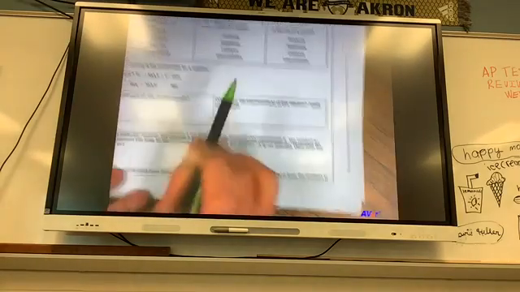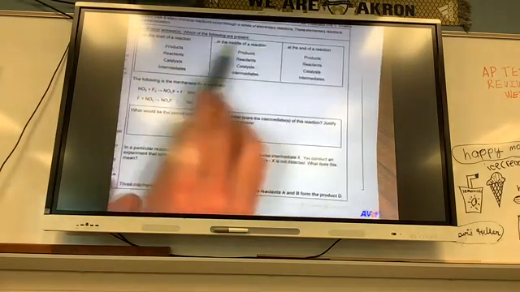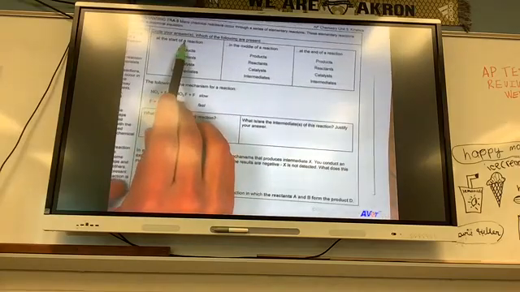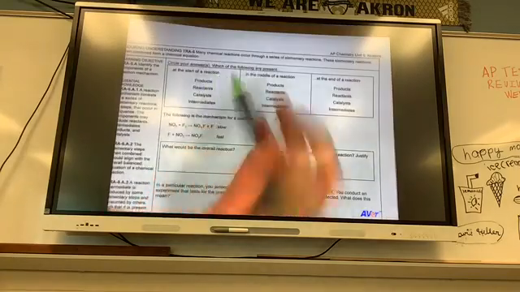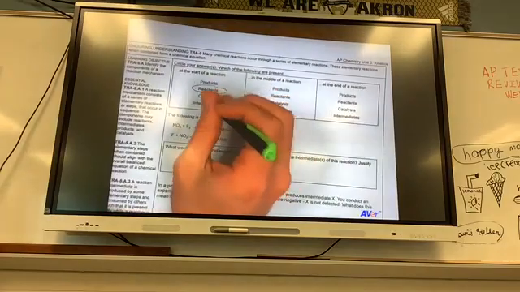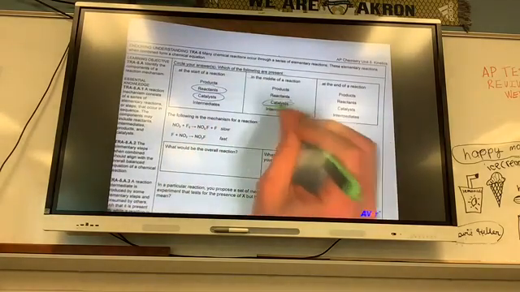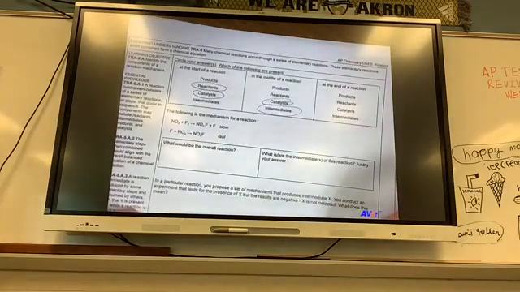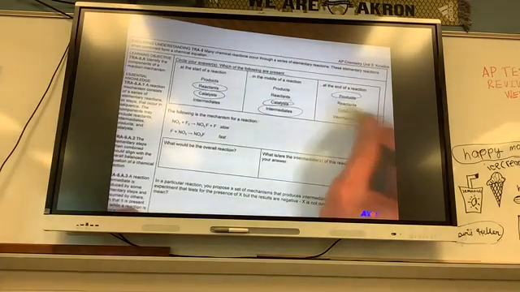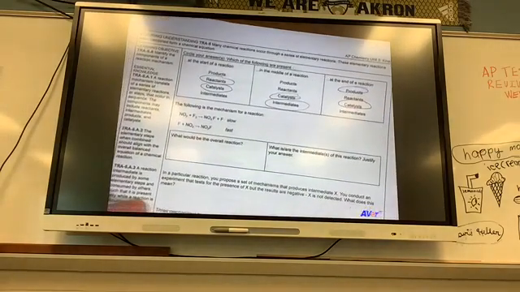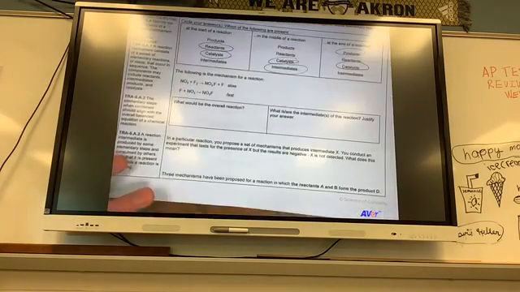Okay. Circle answers. Which of the following are present at the start of a reaction? At the start of a reaction, I have reactants and catalysts. In the middle, I have catalysts and intermediates. At the end, I have products and catalysts. And then here come our reaction mechanisms. So first of all, what would be the overall reaction?